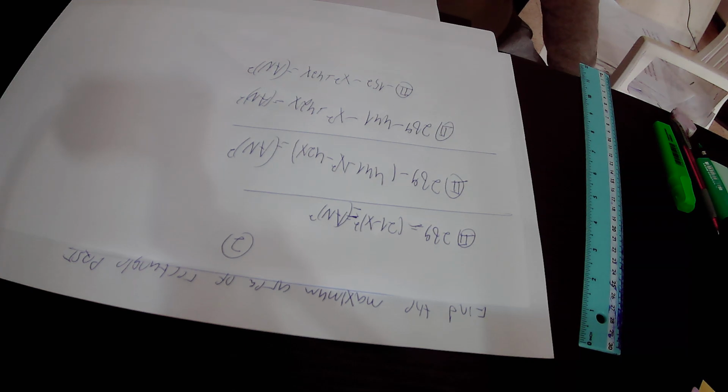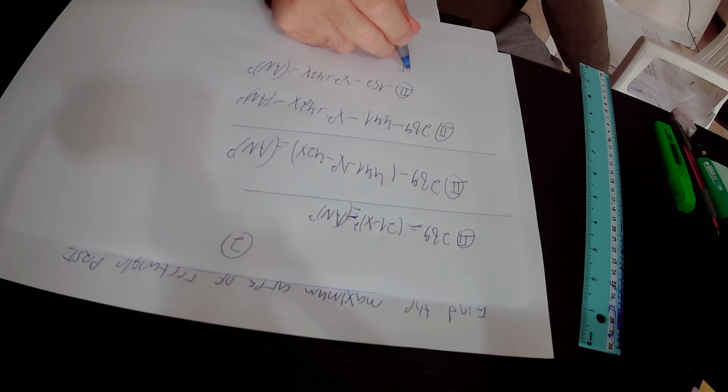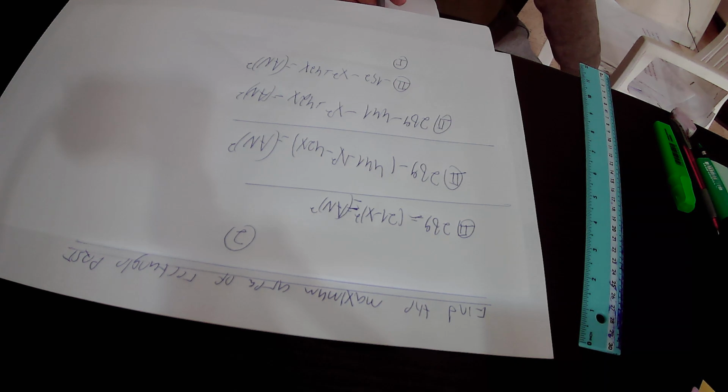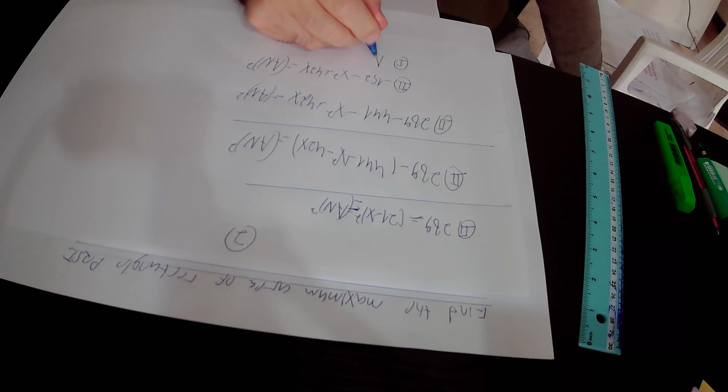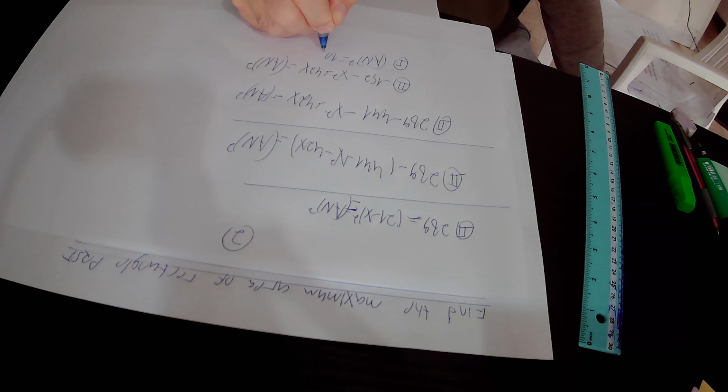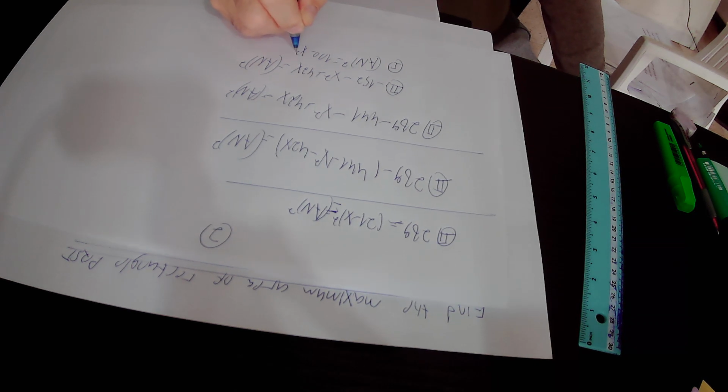This is according to equation 2, but according to equation 1, we have already found out that AN squared equals 100 minus x squared.